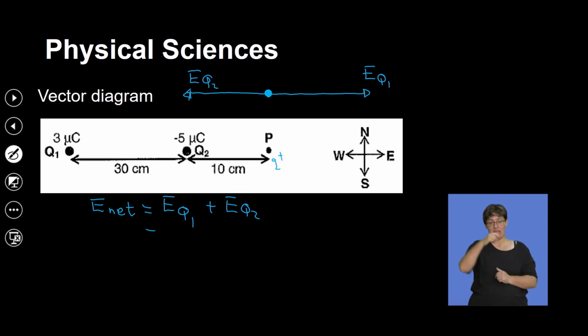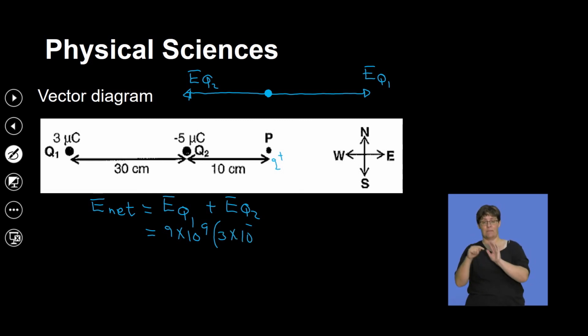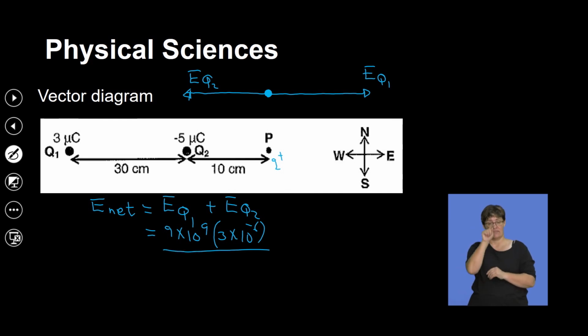And then E due to Q1, now we know the formula. We can go straight and say 9 times 10 exponent 9, that's the k, multiplied by 3 times 10 exponent negative 6, that's the microcoulomb, divided by 30 times 10 exponent negative 2, and we square that distance.